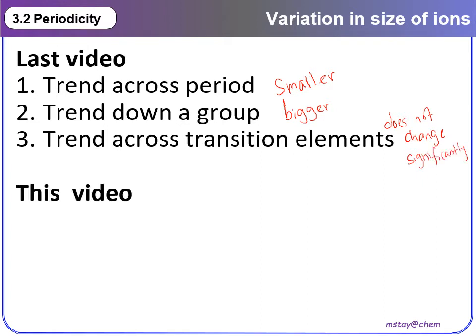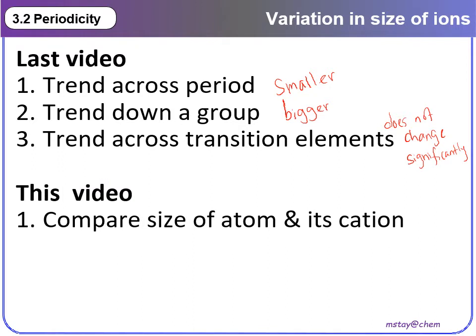In this video, we are going to focus on comparing the size of an atom and its cation. This means that after the atom loses electrons, it forms a cation. For example, sodium atom with sodium ion. What is the difference between these two species?